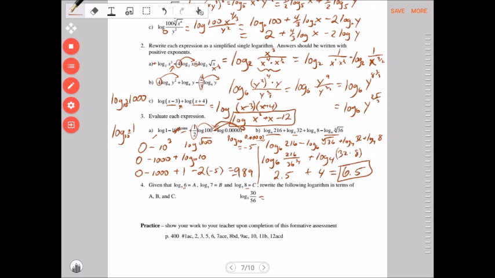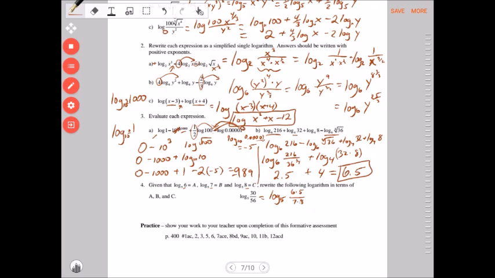Well, 7 is not a factor of 30, neither is 8, but 6 is. So we're going to write this as log base 5 of, okay, 30 is 6 times 5. Then 56, we want to have either factors of 7 or factors of 8, and what you notice is that 56 is 7 times 8, so that's nice.